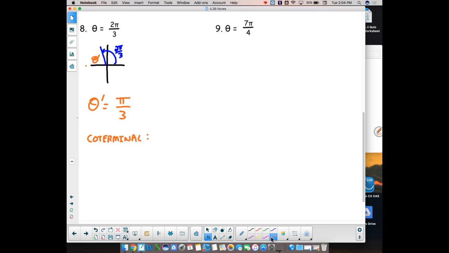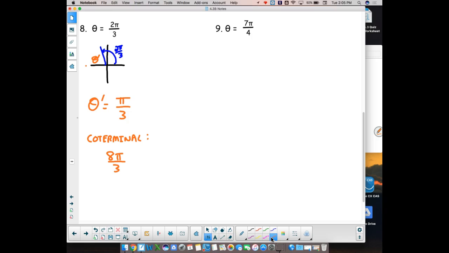So if I add 6 pi over 3 to 2 pi over 3, that gives me 8 pi over 3 as the next coterminal angle on the positive side. 14 pi over 3, 20 pi over 3, 26 pi over 3, 32 pi over 3. All of those are coterminal with that one.